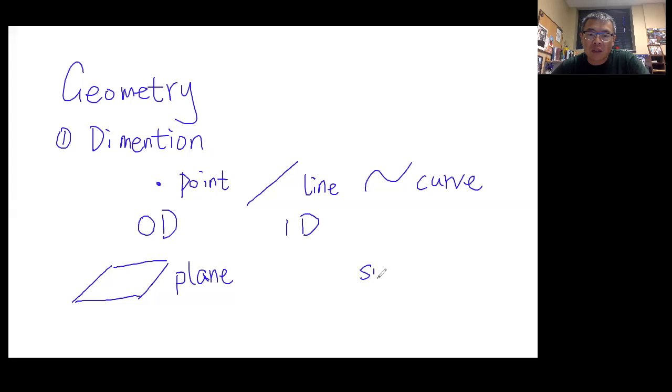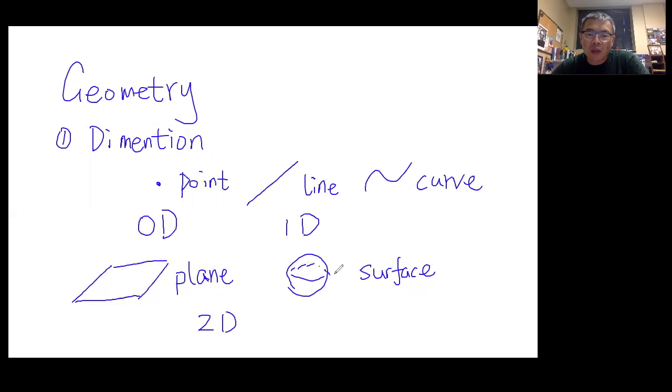In general, it's called a surface. Now, these are examples of 2-dimensional objects. If you live on those places, you can move in this direction or that direction, basically everywhere on the plane, but you cannot go out of the plane. So they're 2-dimensional objects.